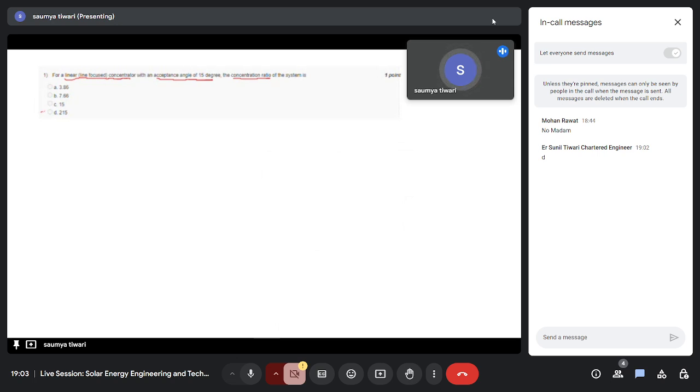So, we already know that, say, this is your aperture, and then this is your receiver. This is your area of aperture, and this is your area of receiver. This distance is r, and what else? The acceptance angle.